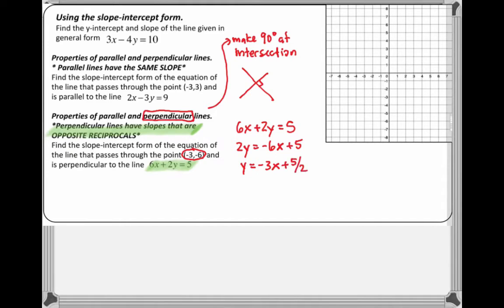Okay, so we know that the original line here has a slope of -3. So to find the opposite reciprocal, we take the negative, turn it into a positive, and we put the 1/3 to make a 1/3 slope. So this is the one that we're going to be using in our point slope form.